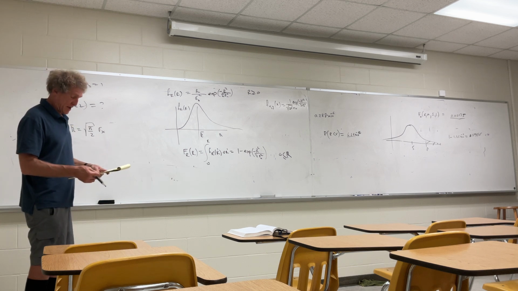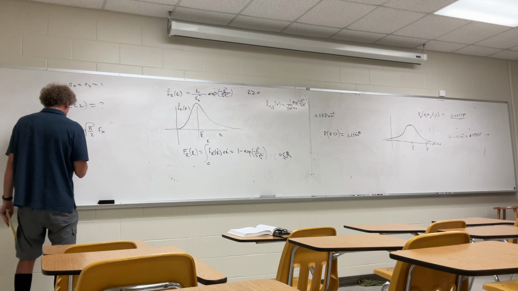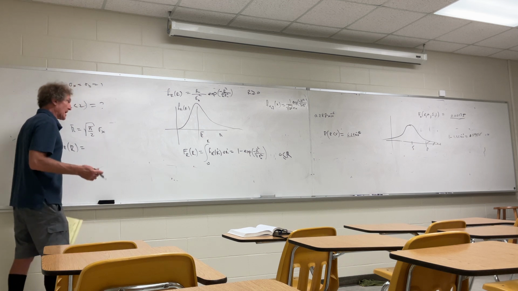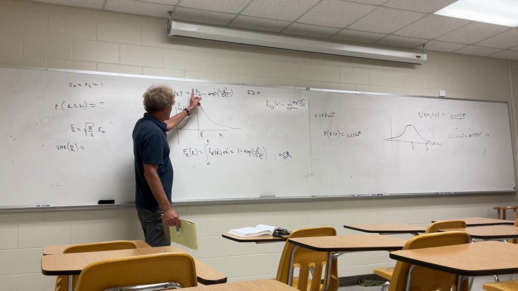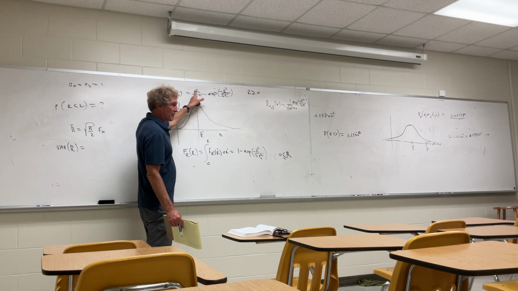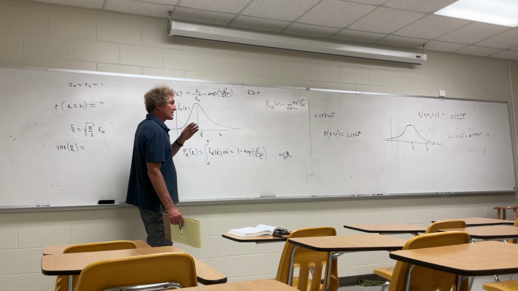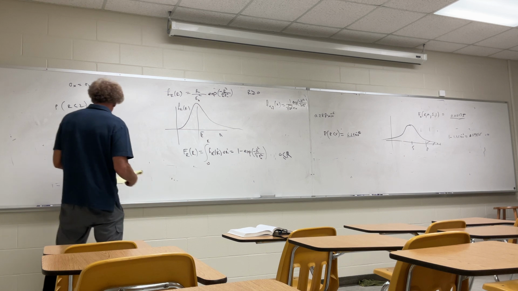This is important. And the last thing is the variance of R. Now this is where it gets a little different. When I take the variance of R, I have to take this function and multiply by R, so I get an R cubed here. Then I'd have to integrate e to the minus R squared over 2 sigma squared from 0 to infinity. But at the end of the day, you get this value.